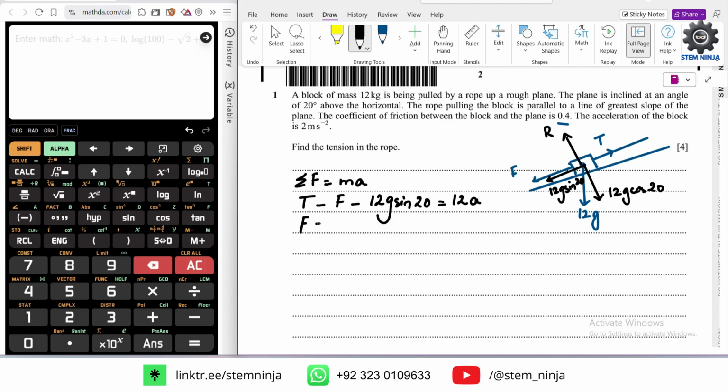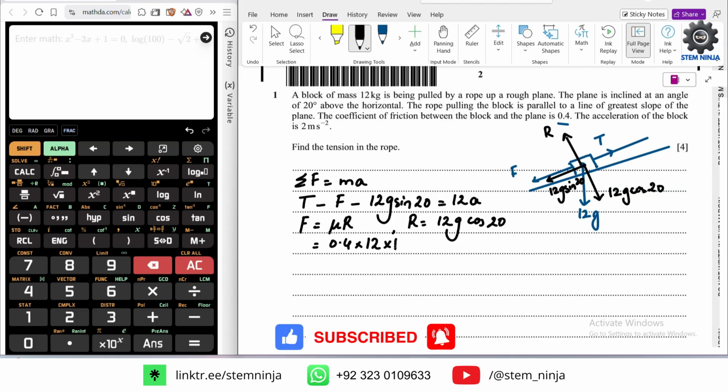F is equal to mu R, the limiting value, where R is 12g cos theta. So therefore this would be 0.4 times 12 times 10 times cos 20.